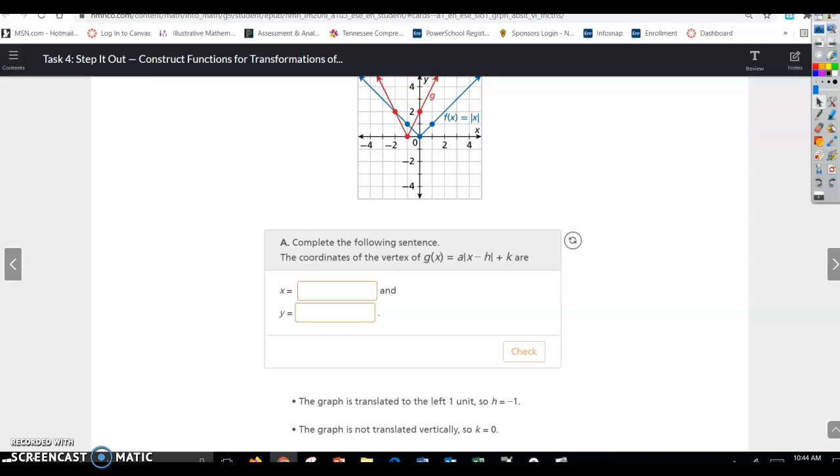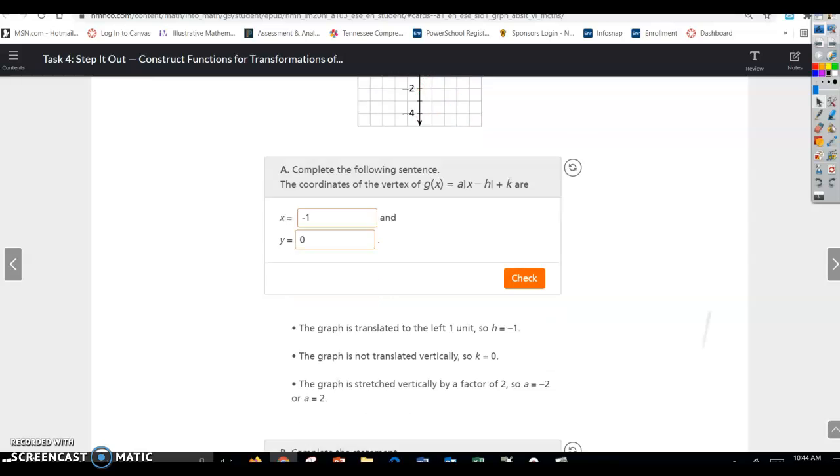The coordinates of the vertex of g of x equals a times the absolute value of x minus h plus k are... So what are the vertex coordinates? They're calling it x and y, but that's really just your h and k as well. So your vertex is going to be shifted over, left 1, and up 0.